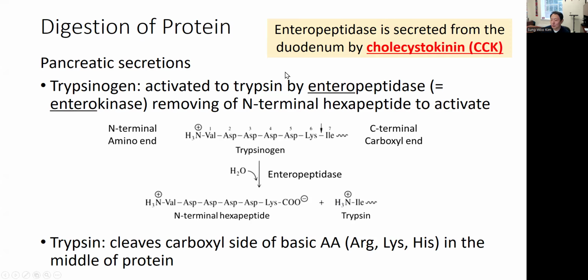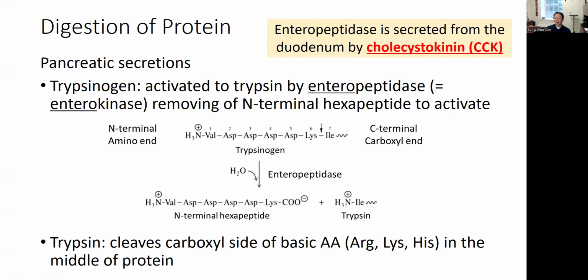And this enzyme will cleave some portion of amino acids from the amino end of trypsinogen, and that will activate trypsinogen to trypsin. Actually, enterokinase removes 6 amino acids from the amino end of trypsinogen, and this trypsinogen will become active trypsin. Okay, so now trypsin is activated.